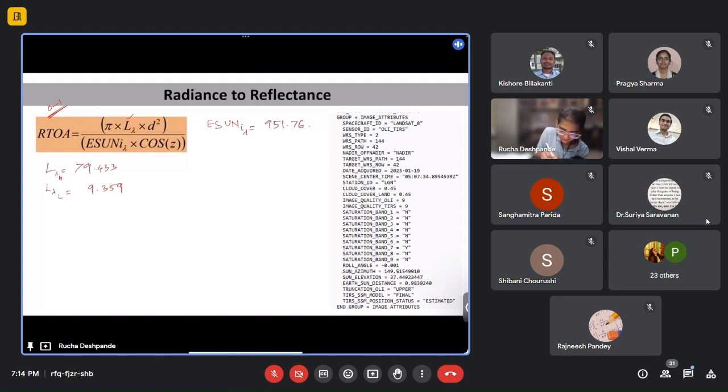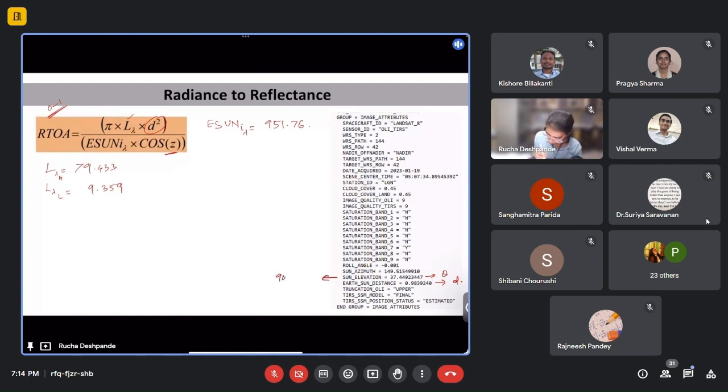So here, your D is the Earth-Sun distance, which is given here. So this is the D, and Z. There is the sun elevation. To convert sun elevation to zenith angle, it needs to be subtracted from 90.